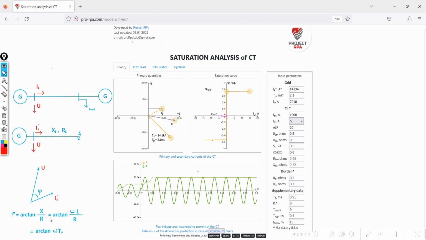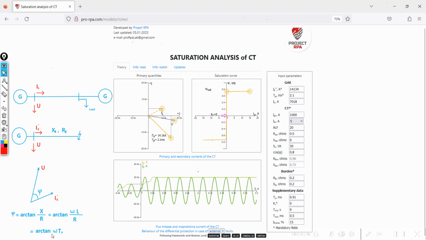We can also write X/R as omega times L divided by R, or omega times Tp, where Tp is the grid time constant, also called primary time constant. It means that we can calculate the angle phi with the formula arctan(omega times Tp).